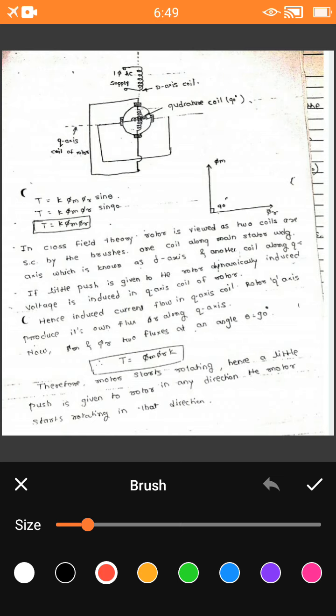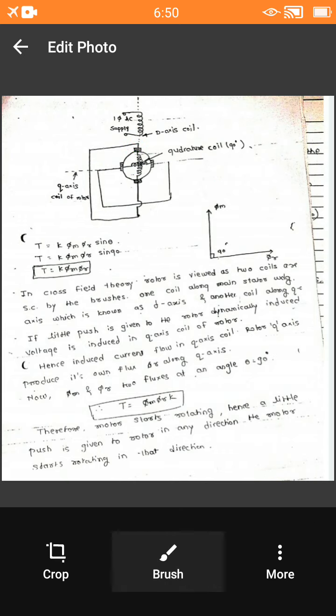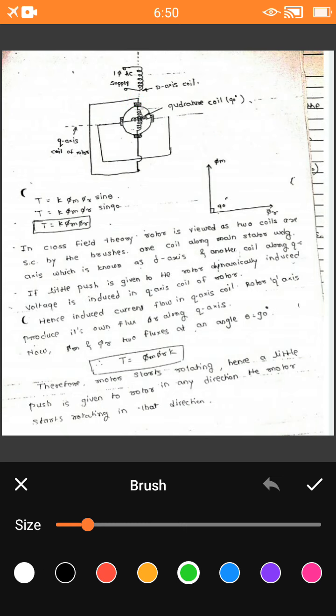The first coil is along the main stator winding. That winding is the first winding, also called the D axis winding. The second coil is along the quadrature axis, shown by this winding which is short circuited by the brushes.